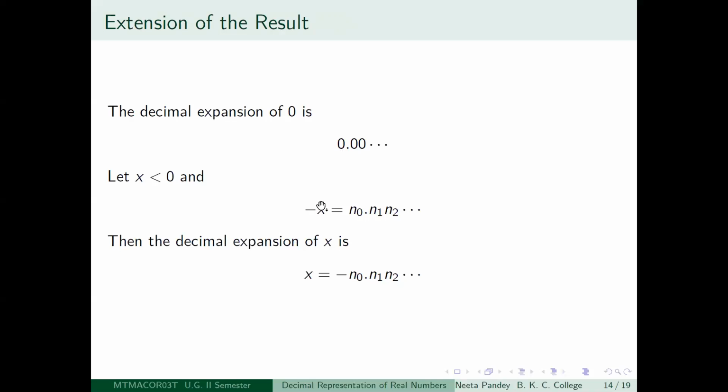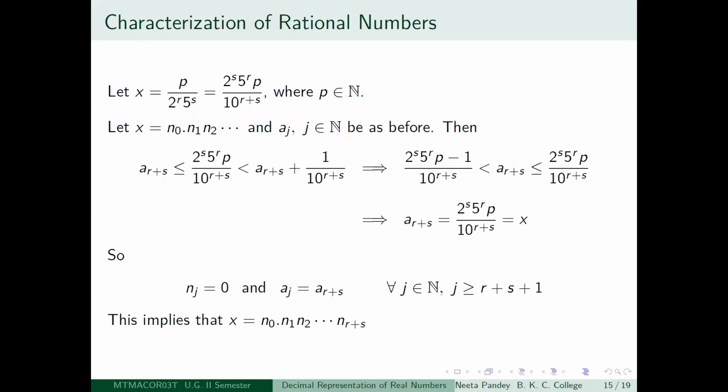So minus x will be a positive real number, so it has a unique decimal expansion n0.n1 n2, etc. So the decimal expansion of x is given as x equal to minus n0.n1 n2, etc. Okay, so what we now do is we look at rational numbers and see how their decimal expansion actually looks.